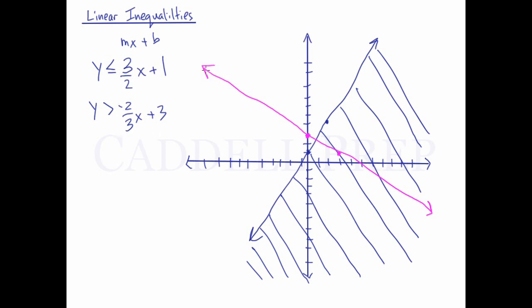So because the solution can't be on this line, we have to make this a dotted line, or a dashed line. So we know that the solution can't exist on here.